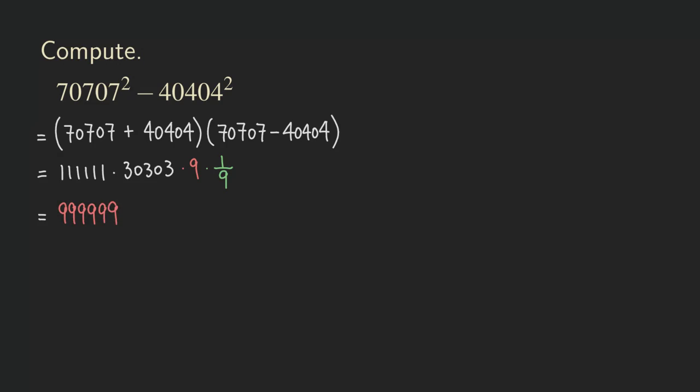99999. Let me see if that's correct. Yeah, there are 6 9s in there. And then we can take this 30,303 and multiply by this 1 over 9 here. We can just cancel, right? So we can just do some canceling.